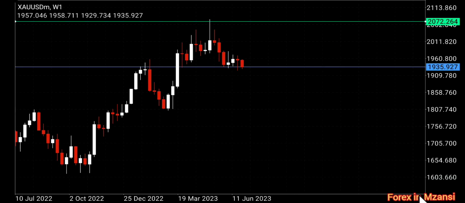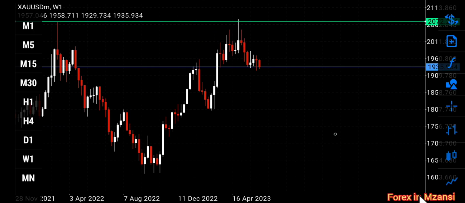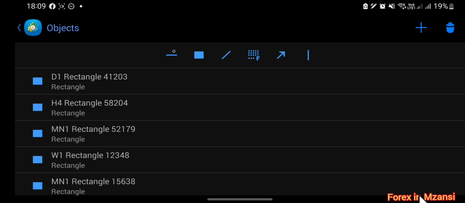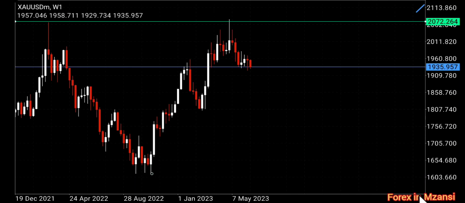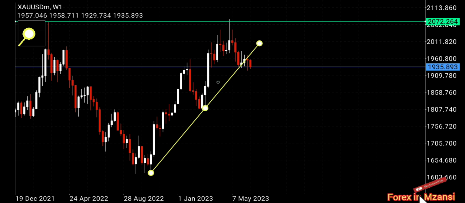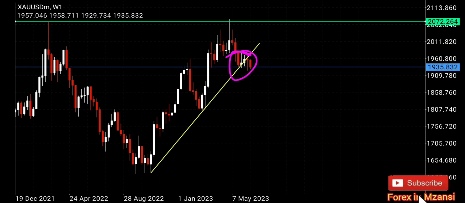So let's check what we have on weekly. This is what we have on weekly, and if we put a bullish trend line, we can see that the price has been moving to the upside, and we do have a bullish trend line there. Now we are around the bullish trend line, and we can see clearly that the price has stayed there for a couple of weeks, and we did have a bullish pin bar around the trend line.